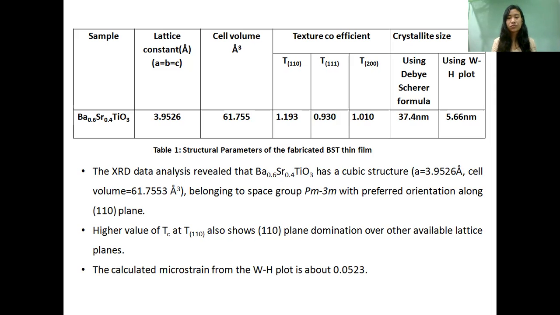Microstrain calculated from the Williamson-Hall is about 0.0523, and the crystallite size calculated using the Debye-Scherrer formula is around 37.4 nanometers, and the crystallite size calculated by using the Williamson-Hall is around 5.66 nanometers.